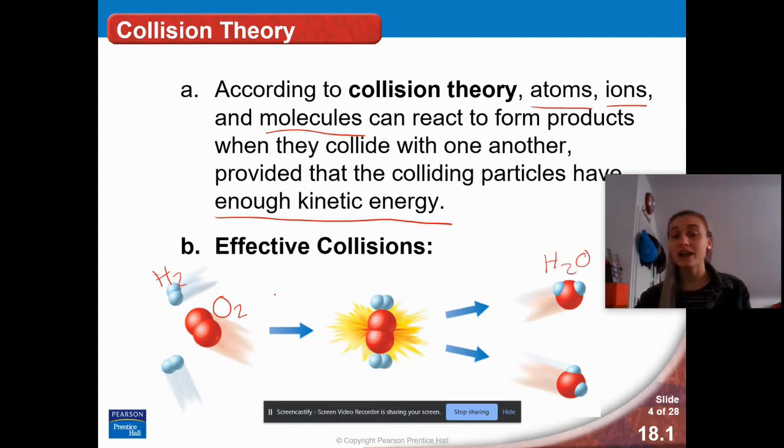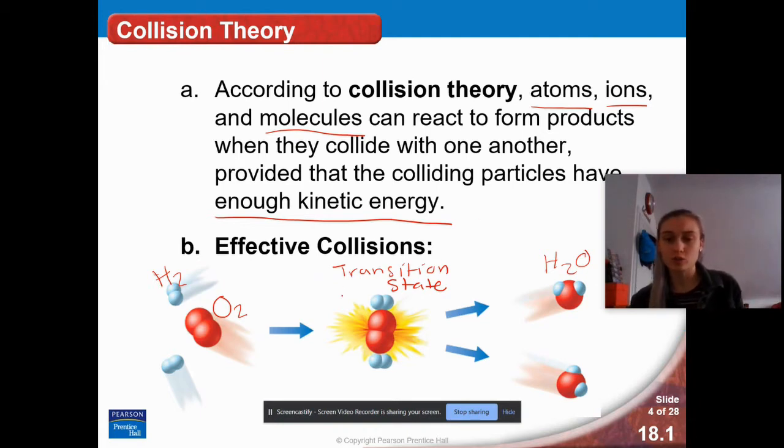And later, when we get to something called the transition state, I'm just going to tell you right now, this would be your transition state. So when I say the word transition state later and you have to write the definition for it, you have an idea of what I'm talking about.